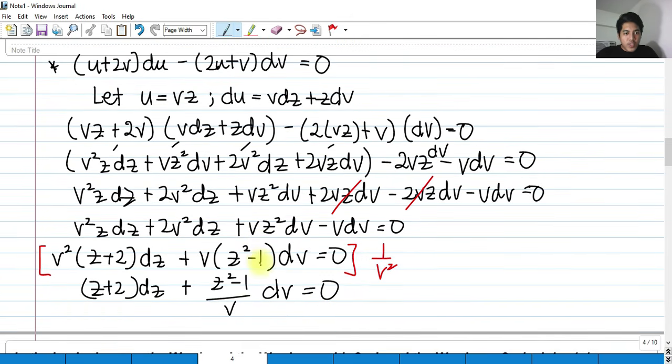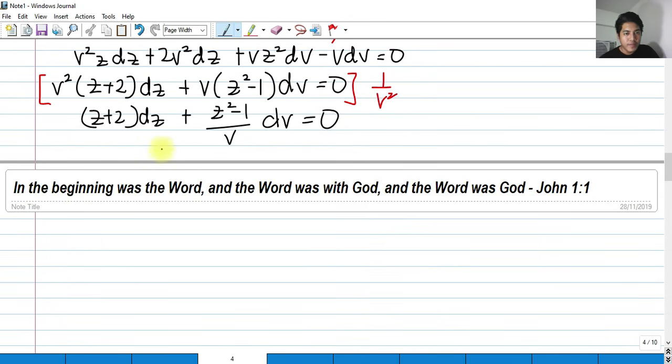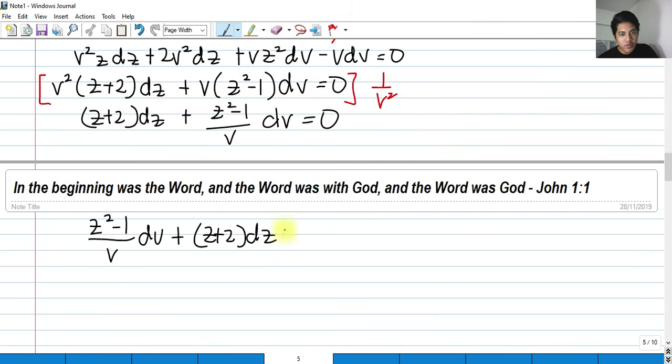Okay, this can be solved by variable separable. Let me just rewrite this: z squared minus 1 over v dv plus z plus 2 dz is equal to 0. A variable separable, so we have dv over v.